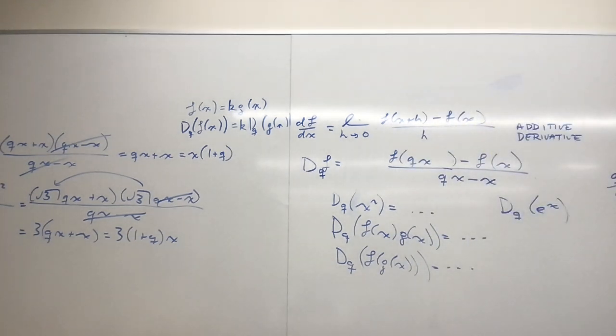And I guess it should be n minus 1. So the quantum derivative, the quantum analog of the Cauchy rule, is this. In short.